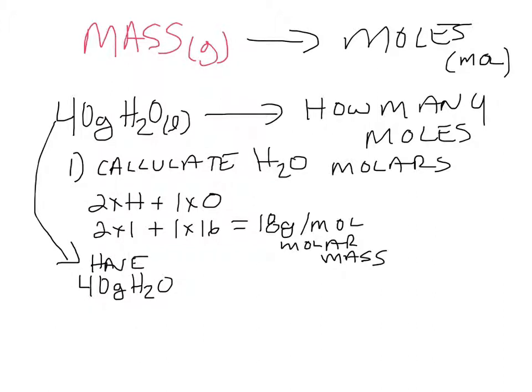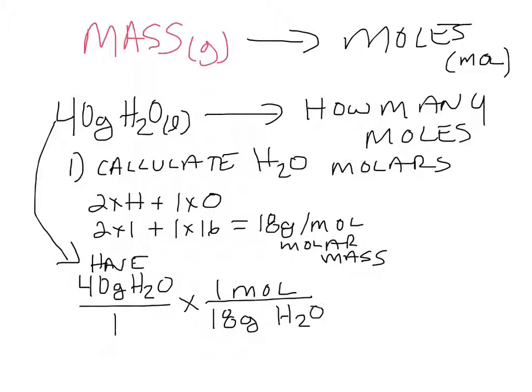And I always put it over 1, so I make sure that I'm not getting it mixed up with the denominator. And then we multiply that by 1 mole over 18 grams, as that's the molar mass of H2O. 1 mole of H2O is equal to 18 grams of H2O.